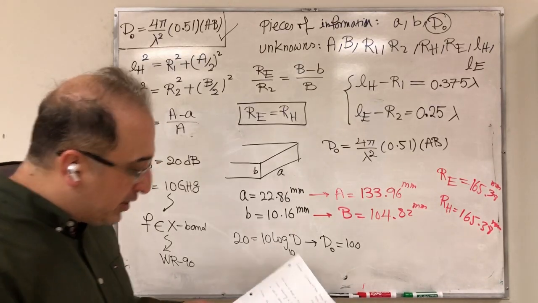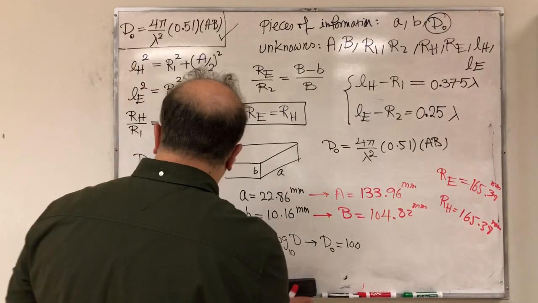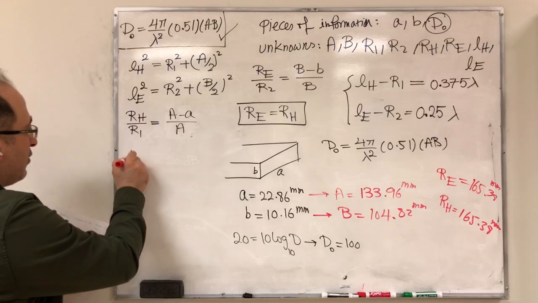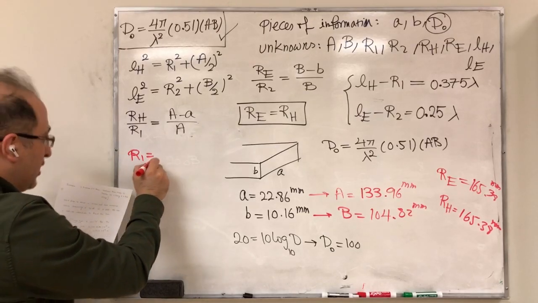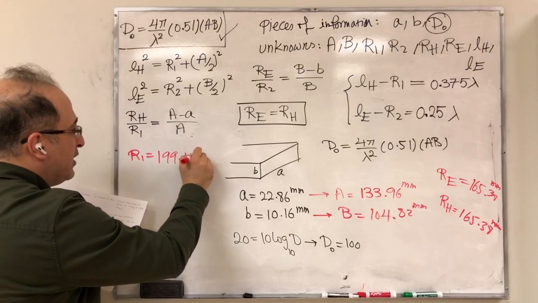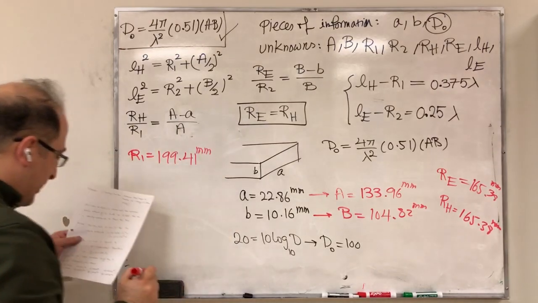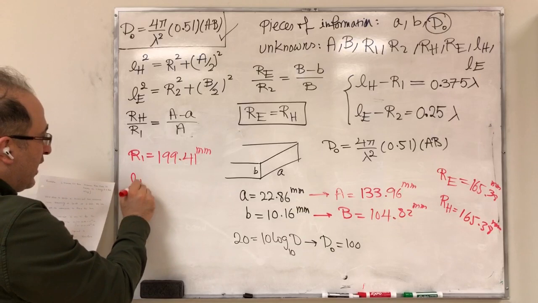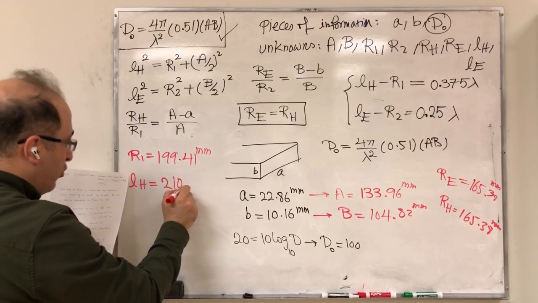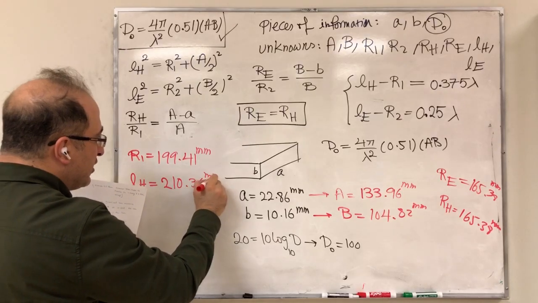For example, you can look at R1. So R1 is 199.41 millimeter, and I can compare this now to LH, which is 210.36 millimeter.